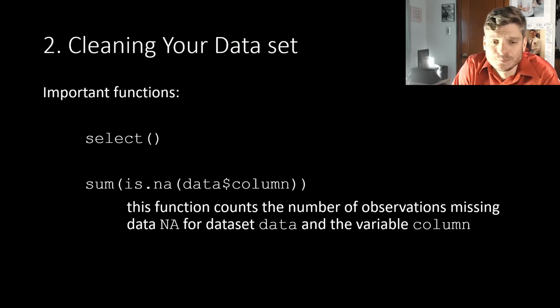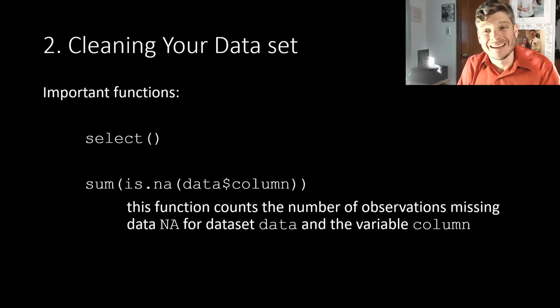We want to use this in conjunction with the sum function. Sum is going to add it up, and what we plug in as our argument is going to be the column or the variable that we want. The way we denote that in R is, as our argument, the name of our data frame, then the $ sign, and then the name of our column.